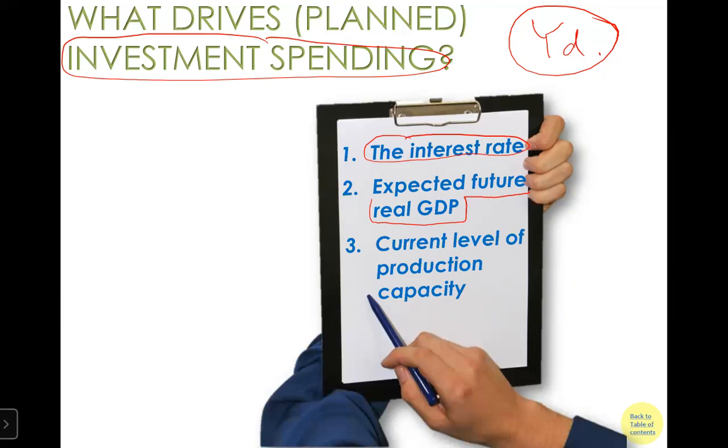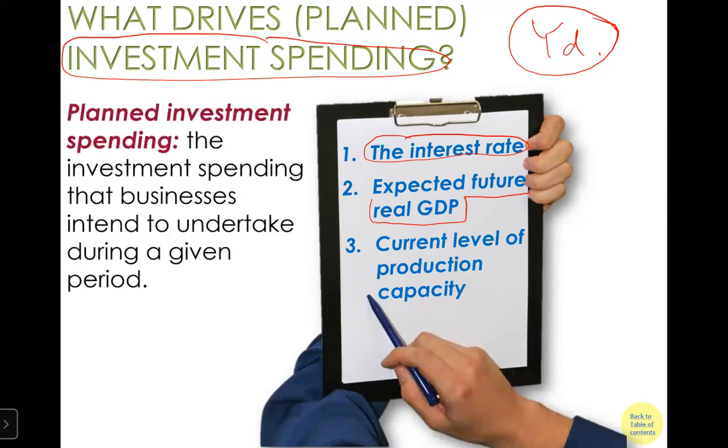Do you think they have an incentive to invest? I doubt it. They haven't fully utilized their capacity yet. Why would they want to do additional investment spending? Okay, so those are the three factors that can affect your investment decision.